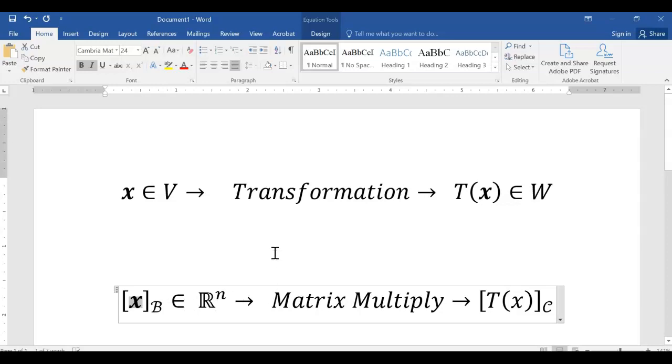We can take this transformation, write it as a matrix multiplication problem, multiply this thing in Rn by a matrix, and get out the image of x with respect to basis C after we've hit it with the transformation.